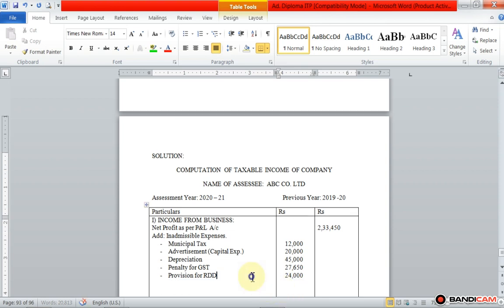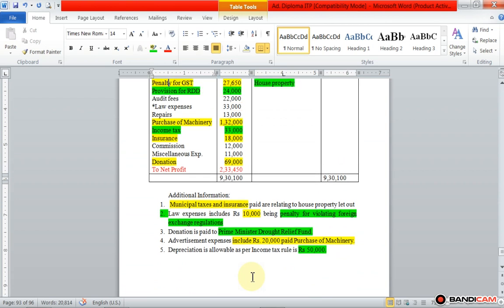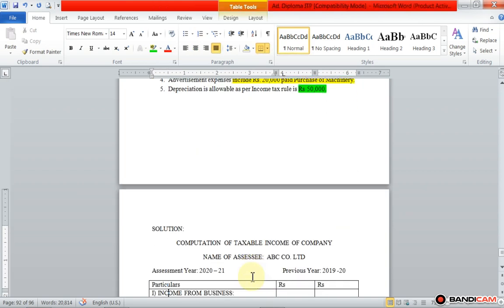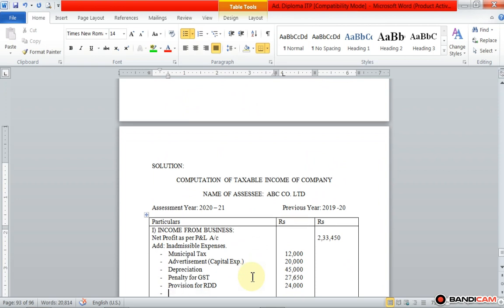Then law expenses. So information is provided on law expenses, that is information number 2. Law expenses include rupees 10,000 relating to violating the foreign exchange regulations.